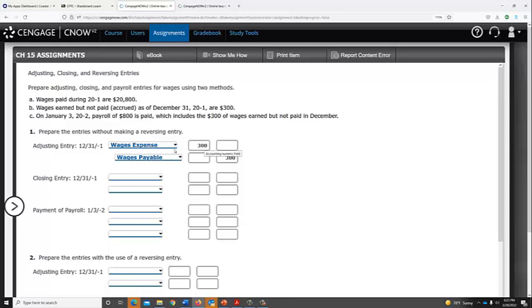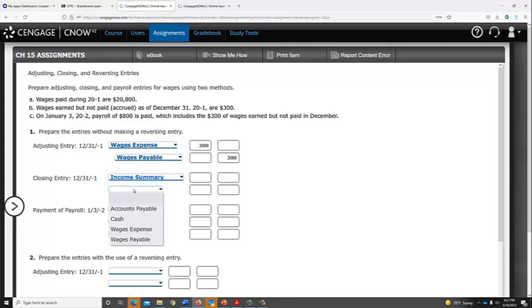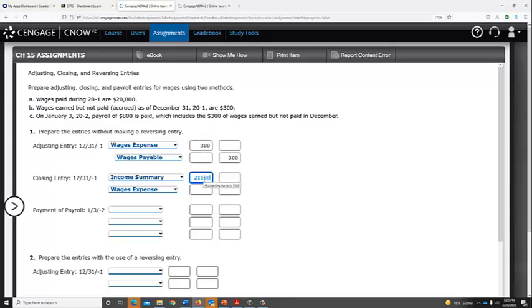So we need to close that out, and we'll do that by debiting income summary and crediting wages expense for the $21,100. So now our wages expense account has been zeroed.